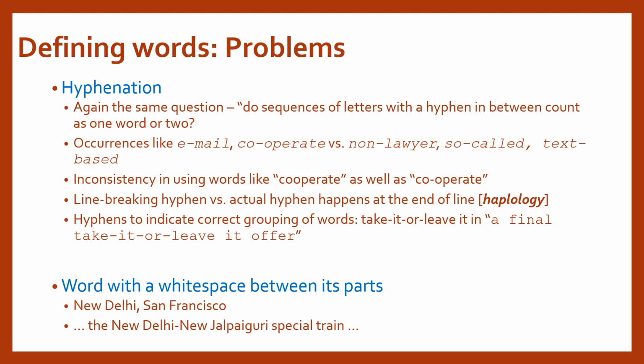You have to be careful about how these issues can be taken care of, because if you take Delhi-New, whether you keep it as separate words or join them is going to have an impact. For example, if your ultimate goal is named entity recognition, then the boundary of the entities will not be detected correctly.